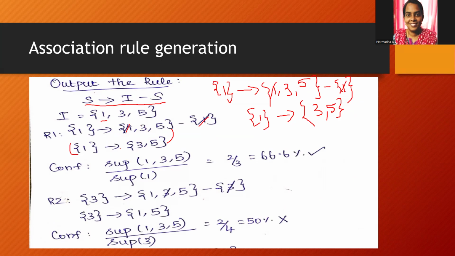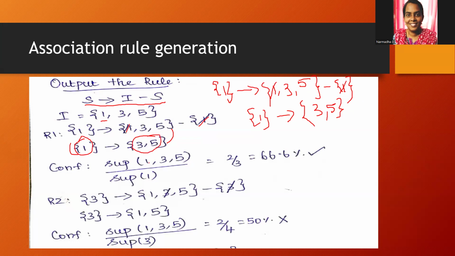Now how do you calculate the confidence? Confidence for the given rule is the support count of both left hand side and right hand side divided by the support value of the left hand side. The left hand side is 1 and the right hand side is 3, comma 5.